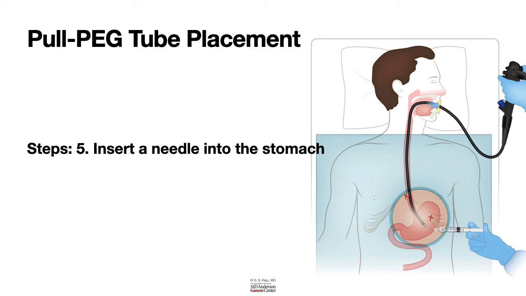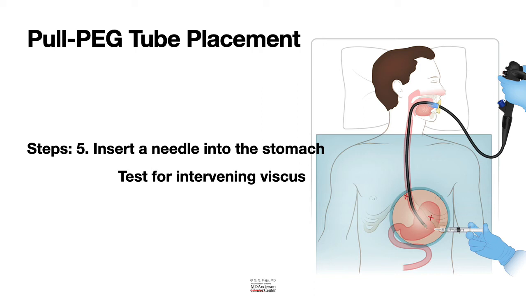And once you confirm that you have a straight shot into the stomach, and you can see the needle in the stomach, the next step is, as you're pulling the needle out, the endoscopist, once the needle leaves the stomach, tries to put a little bit of suction on the syringe to see if there is any air coming out before the needle comes out of the abdominal wall.